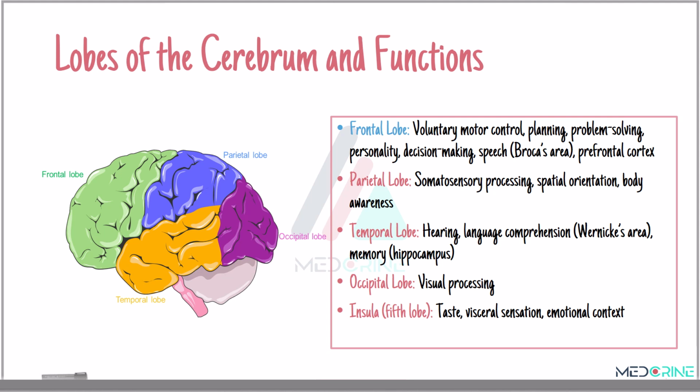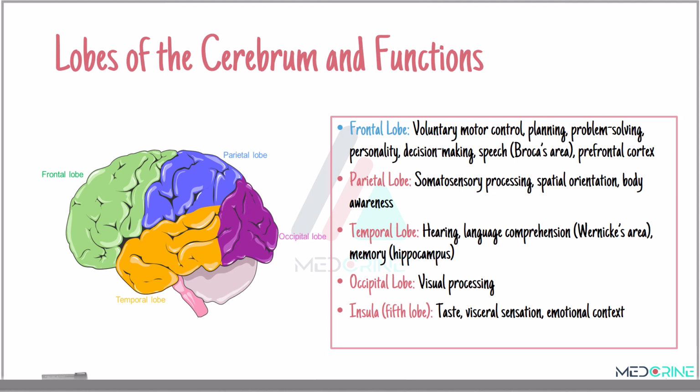The cerebrum is divided into lobes, each with a specialized function. The frontal lobe controls voluntary movement, decision-making, planning, and expressive language such as speech through Broca's area. The parietal lobe processes somatosensory input and spatial orientation. That includes body awareness.